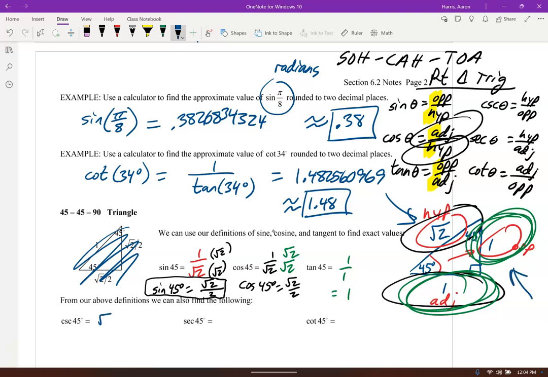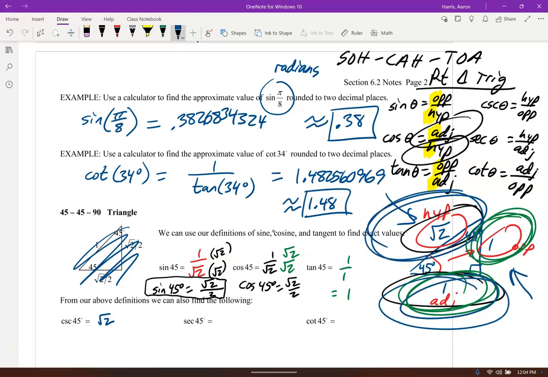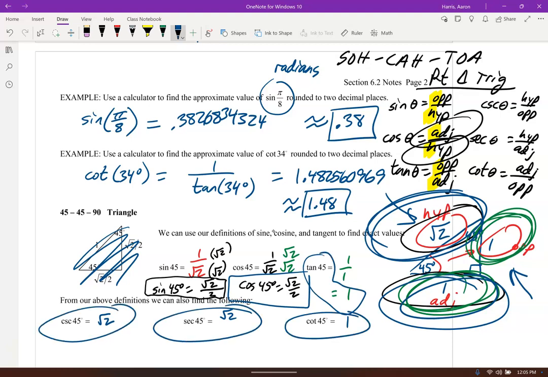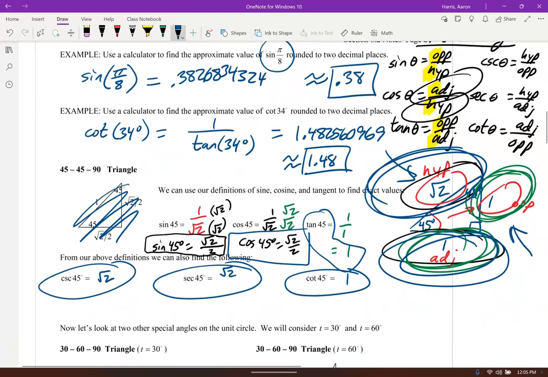So square root of 2 over 1. Secant of 45, flip over the cosine and then rationalize it, which would be hypotenuse over the adjacent, root 2 over 1. And finally, cotangent of 45, adjacent over opposite. Okay. So we've got all these now. Tangent, there's our tangent, 45. There's all 6 of them for a 45 degree angle.